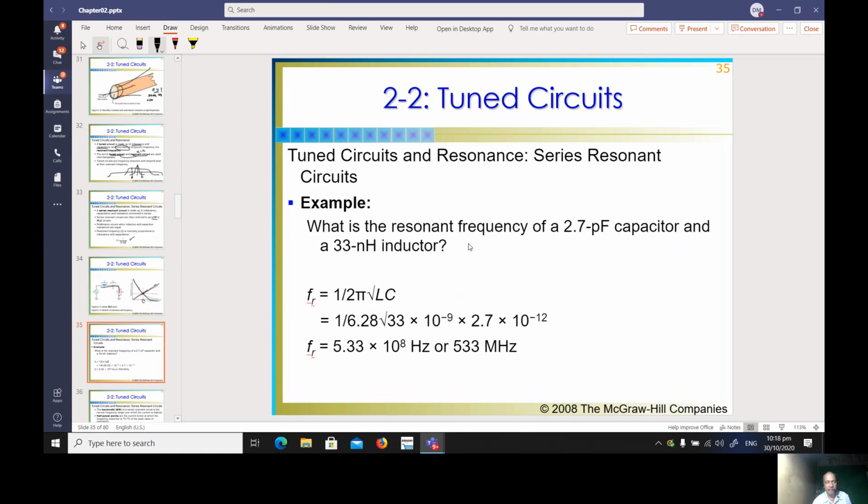Example, we have a series resonance circuit with given 2.7 picofarad and 33 nanohenry. Using this formula, 1 over 2 pi square root of LC, then we have 533 megahertz.